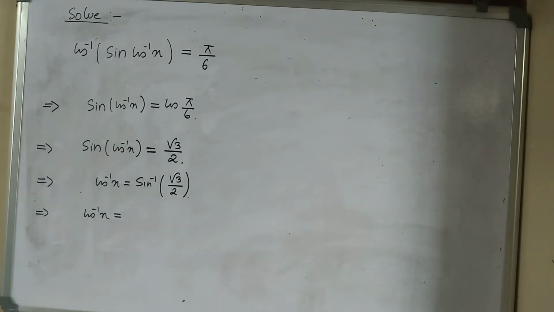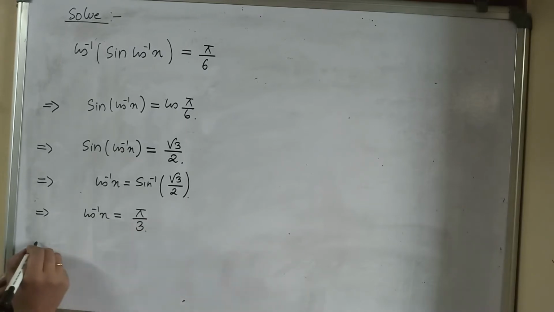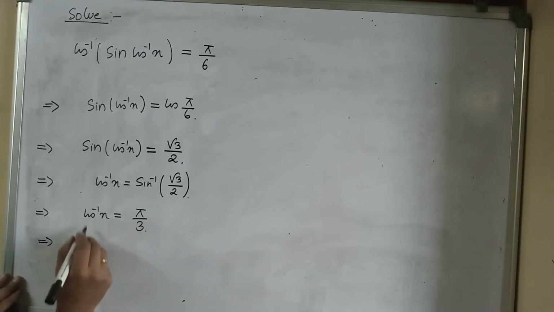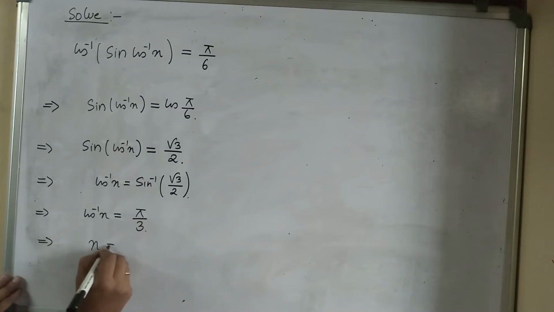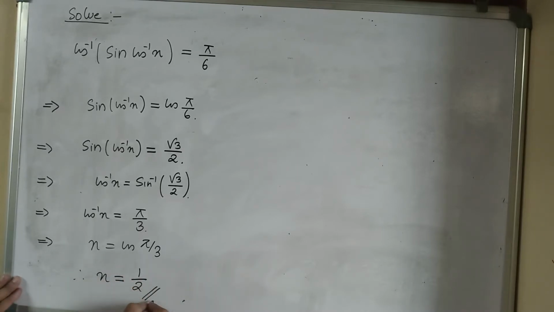Sine inverse of root 3 upon 2 is 60 degree, that equals pi by 3. Again bring this cos, x equals cos pi by 3, and the value of cos 60 degree is 1 by 2. Now this question is important for 2 marks.